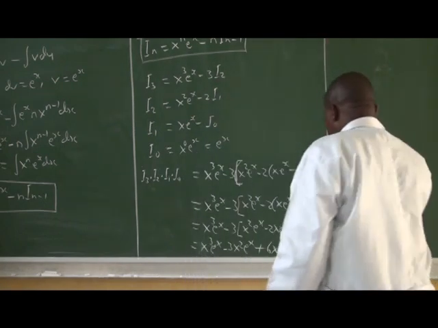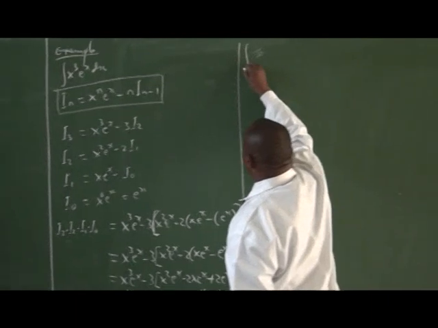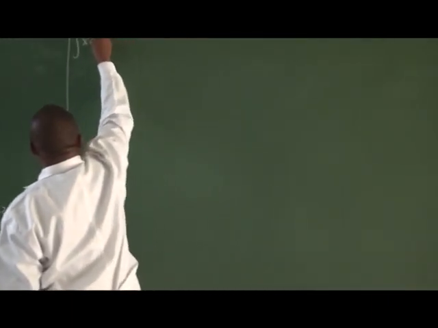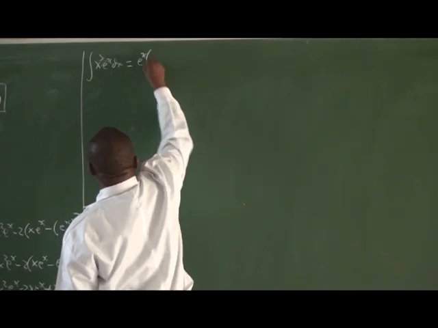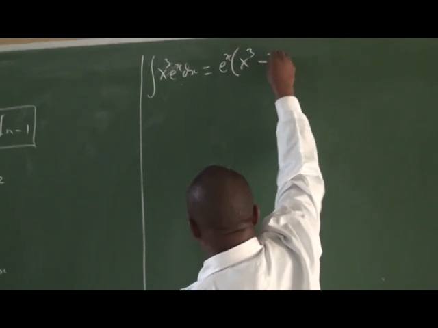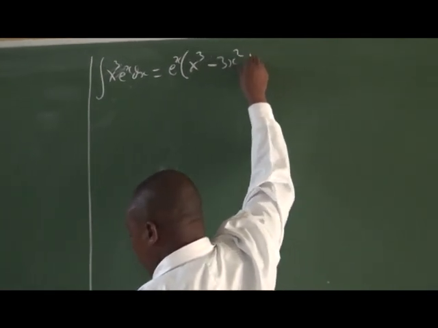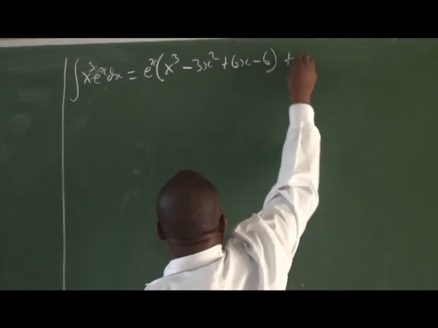Then finally, you can write it like this, that the integral of x cubed e^x dx will be equal to e^x times x cubed minus 3x squared plus 6x minus 6, plus c.